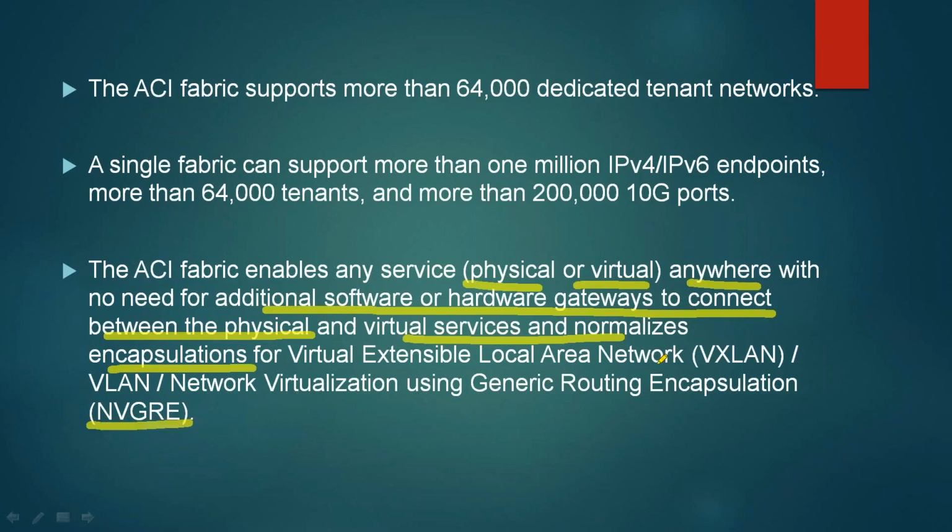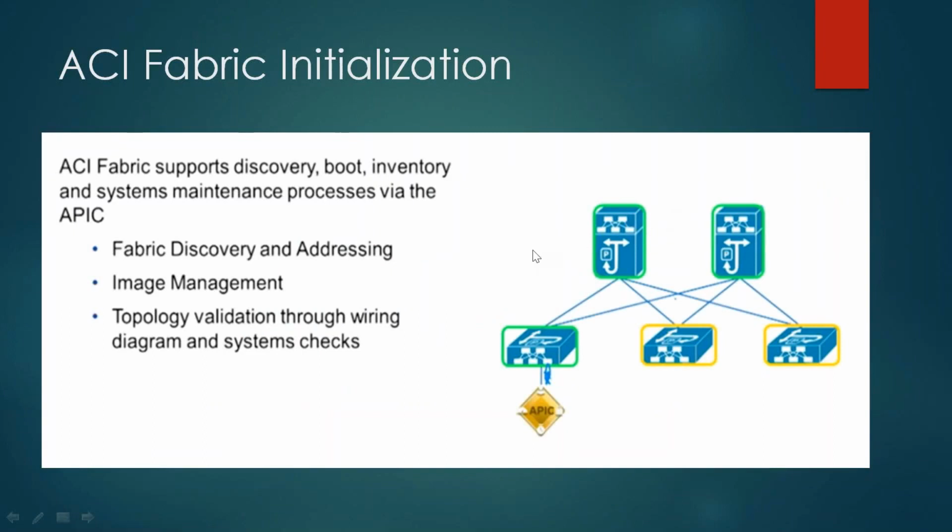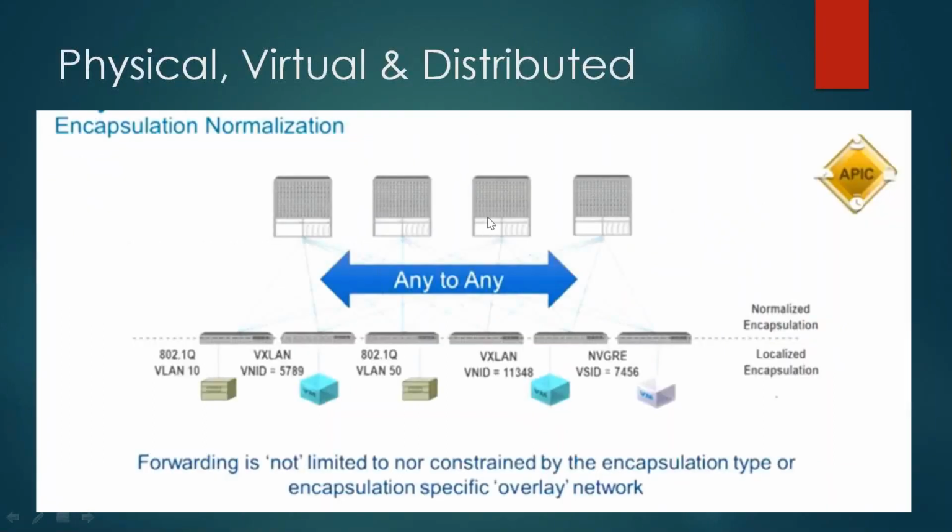So you have any-to-any movement irrespective of where you are taking the traffic as input. Here you can see in the diagram, I may have an Ethernet frame, a VXLAN encapsulated frame, or NVGRE. The forwarding is not limited to, nor constrained by, the encapsulation type of the encapsulation-specific overlay. So you can see we have very nice features.